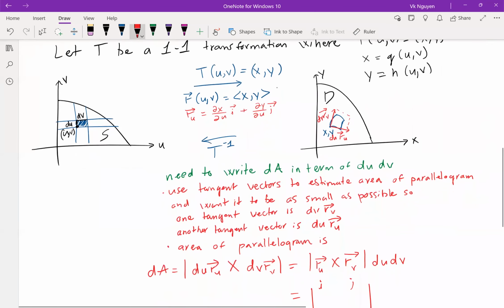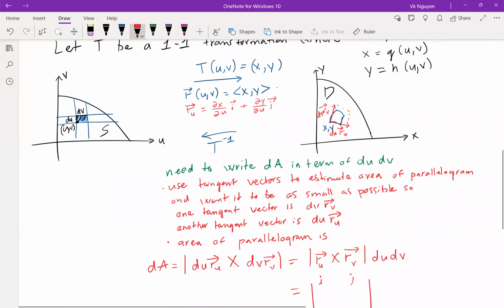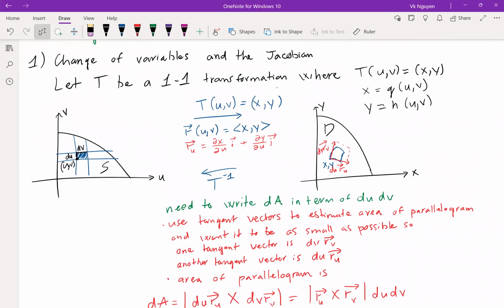The reason I write out i, j is because I want to put it under the cross product. r_v similarly: partial derivative with respect to v of x, partial derivative with respect to v of y.